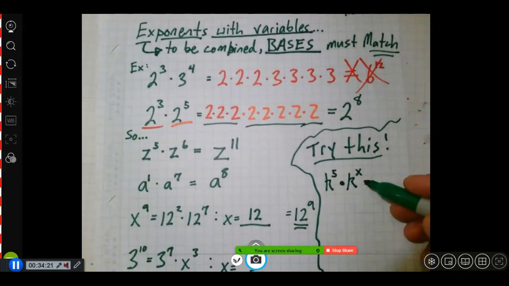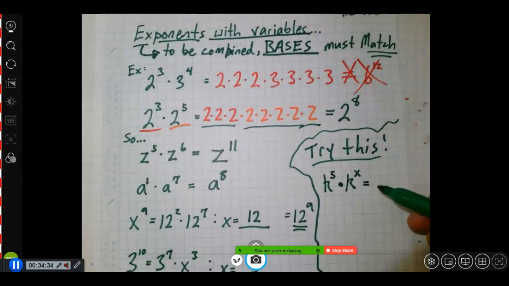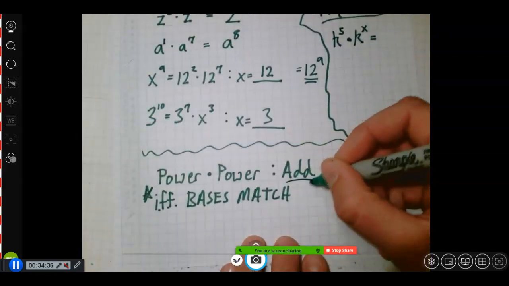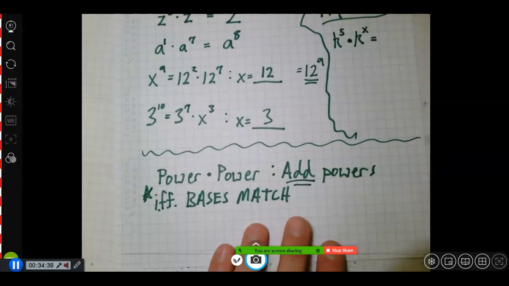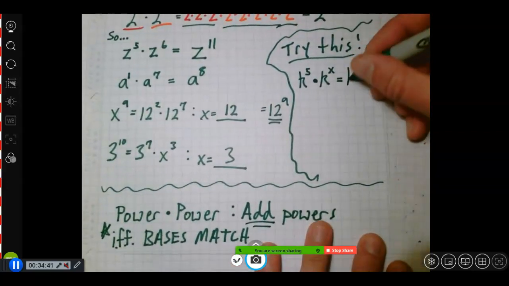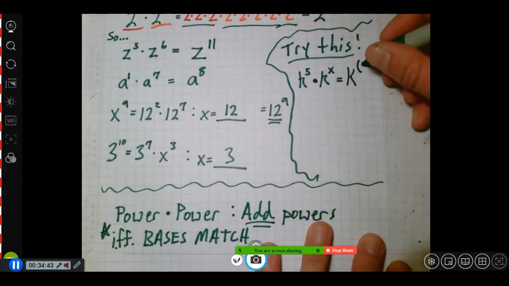Any volunteer? Sebastian? Yeah, we add the powers. So this is why I was pop quizzing this. This would be k to the 5 plus x.